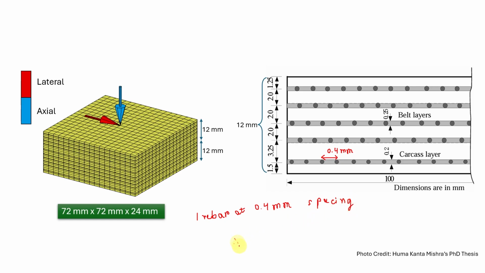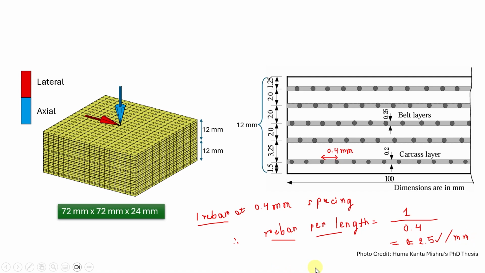Okay, so rebars per length equals the number of rebars, how many rebars? One rebar. So here is 1 and the spacing is 0.4, so you write 0.4 here and you will get 2.5. So this is the rebar per length, 2.5 per millimeter.